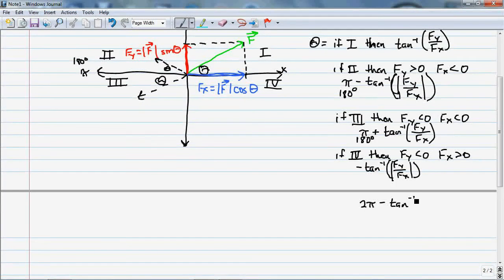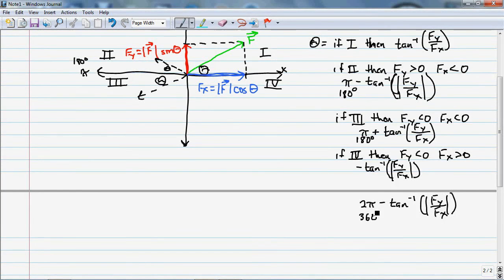The arctangent of the absolute value of Fy over Fx. Or this could be 360 degrees minus the arctangent of the absolute value of Fy over Fx.